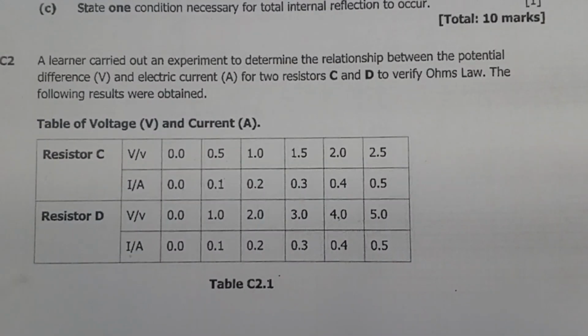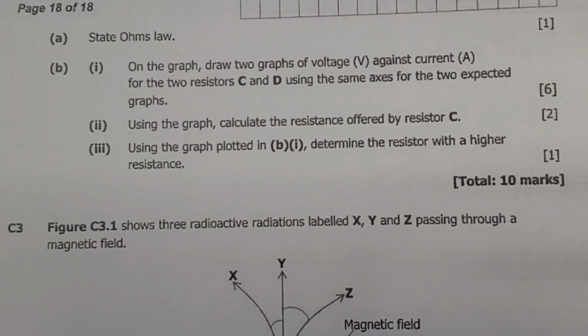C2, Elena carried out an experiment to determine the relationship between the potential difference V and electric current A for two resistors C and D to verify Ohm's law. The following results were obtained. Part A, state Ohm's law.